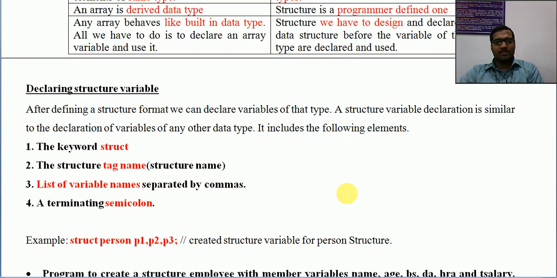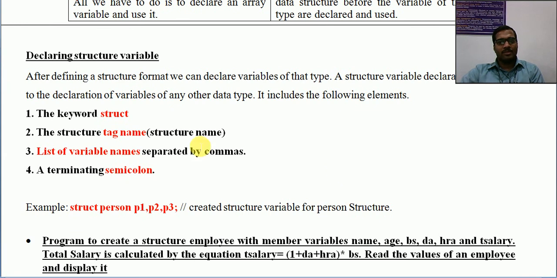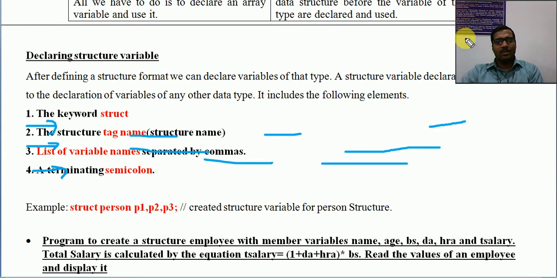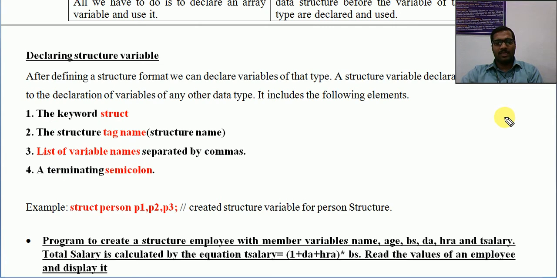Declaring a structure variable will be having the following format. After creating a structure, creating a data type, you have to declare it separately, meaning creation of structure variables. It requires the keyword struct, the name of the structure, and the list of variable names.